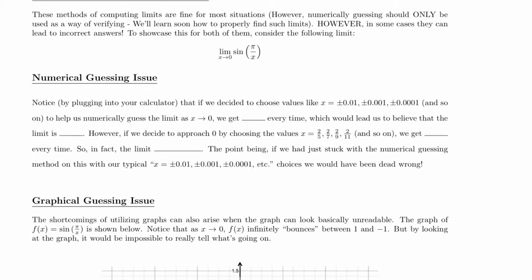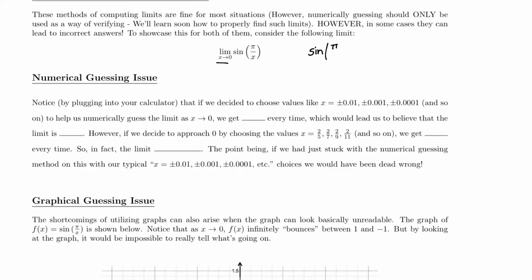So there are some shortcomings of methods of guessing. For example, if you're looking at this limit right here, and you plug in these values in your calculator, if it's in radian mode, we're trying to get closer to 0, right?